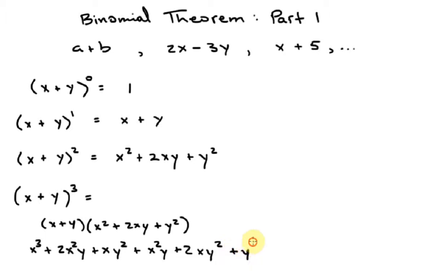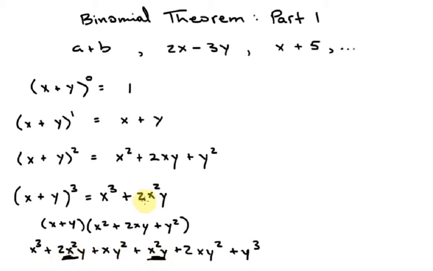So now let's see what that looks like. There's an x cubed, then there is 2x squared y, and I think that's it for x squared y. So there's 2x squared y's. Okay, wait a minute. Nope, we missed one. Sorry, here it is. There's an x squared y right here with these 2x squared y.